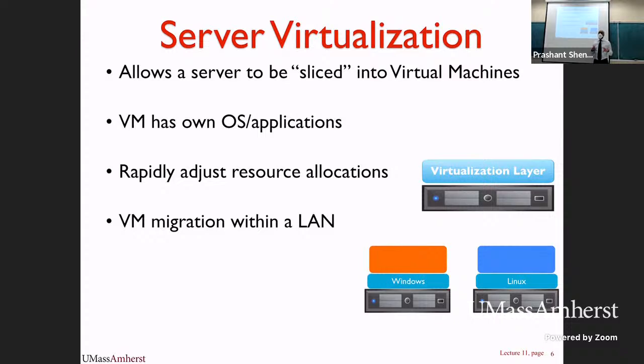You can allocate more CPU to the VM. You can do this while the VM is running. Normally, you can't take a physical machine and just allocate more memory. You literally have to shut it down and insert more memory into it. In this case, you can just take some physical memory on that server and assign it to the VM. So you can rapidly adjust the allocations done to the VM while the application is running.